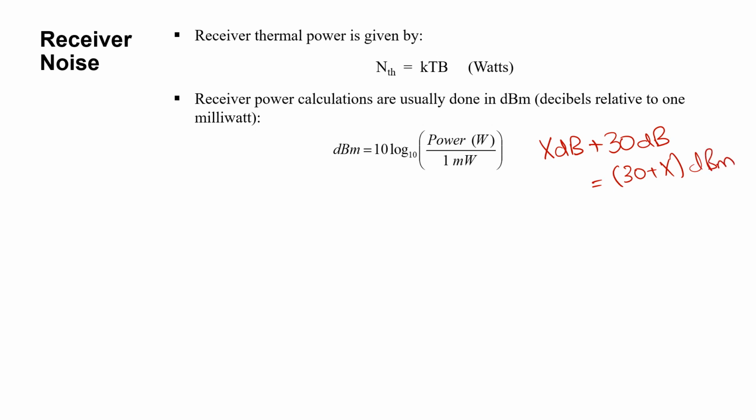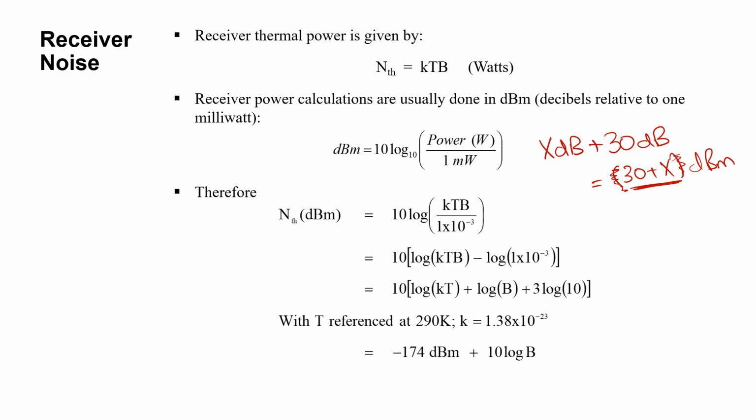Just do not consider this as a standard bracket, because the definition of bracket in dB scale is different. What I mean here is, if you have 10 dB and you wanted to convert into dBm, just add 30 to it. So 10 plus 30 is 40, so the answer will be 40 dBm. Do not consider these brackets as standard brackets, because it will change the definition of dB scale.